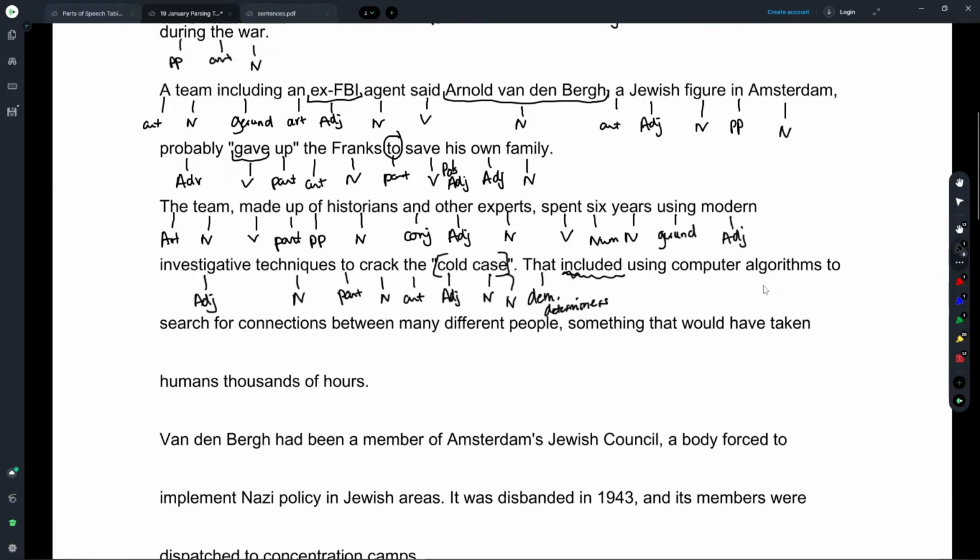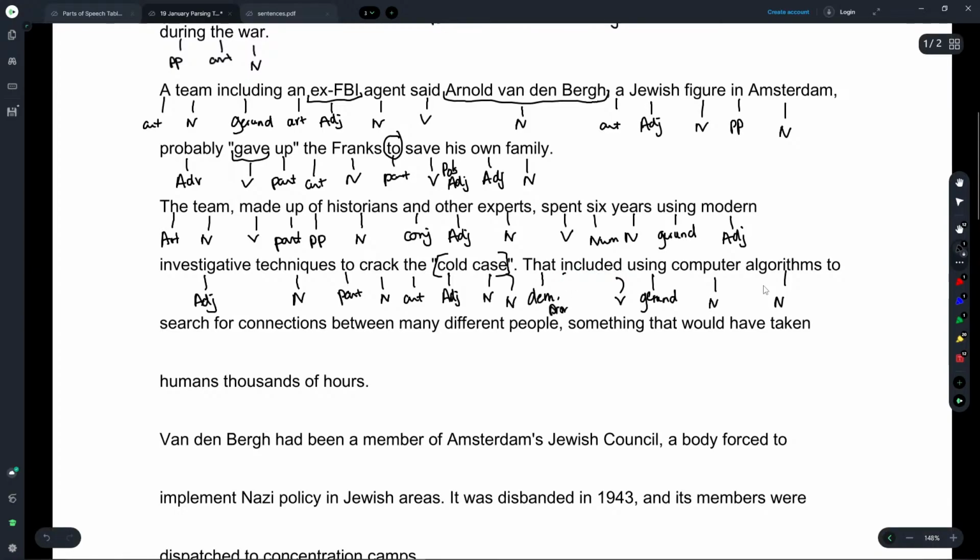That, which is the process, included verb using gerund, computer, noun, algorithms, noun. No, I'm going to go back to the determiner thing. I'm going to say that this is a pronoun, because we're going to call it a verb. Otherwise, it's very confusing.